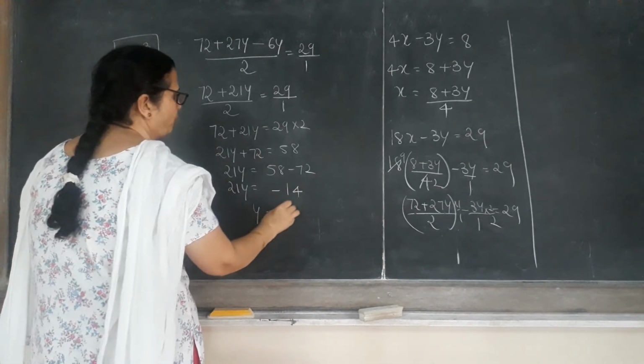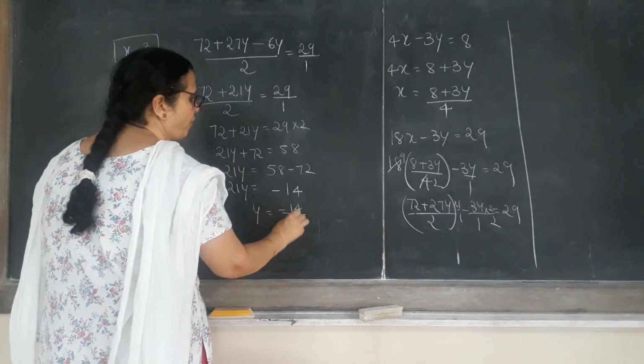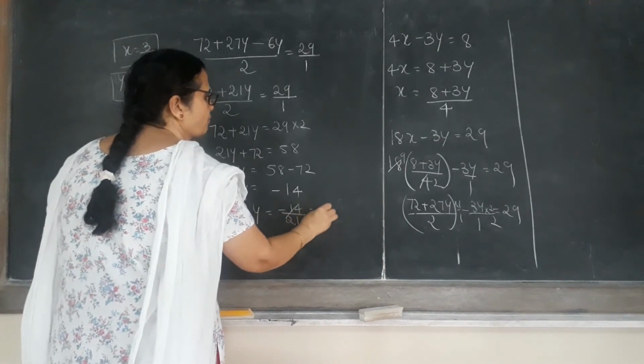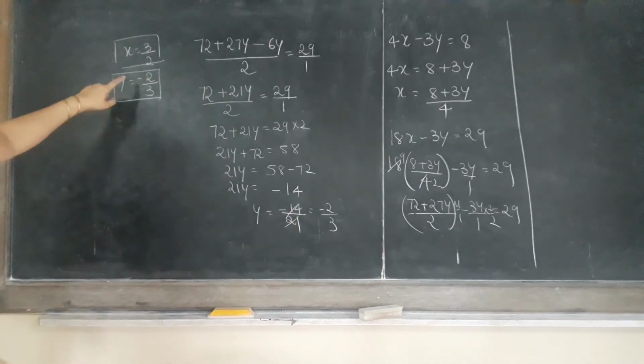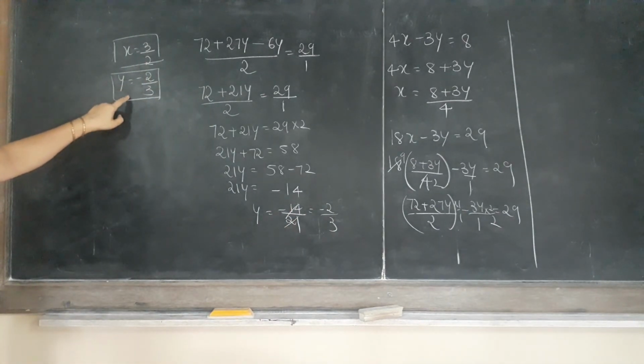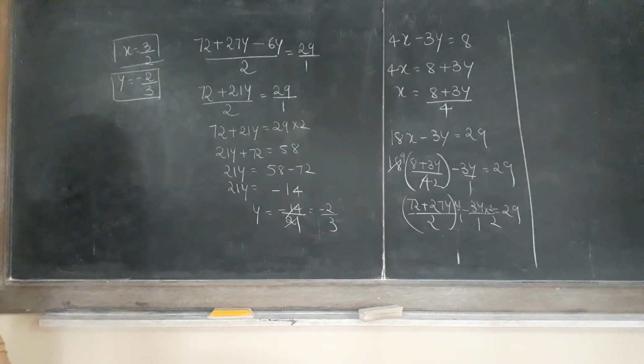Y is equal to minus 14 upon 21, that is minus 2 upon 3. 7 2s are 14, 7 3s are 21. Same answer you are getting. Y is equal to minus 2 upon 3.